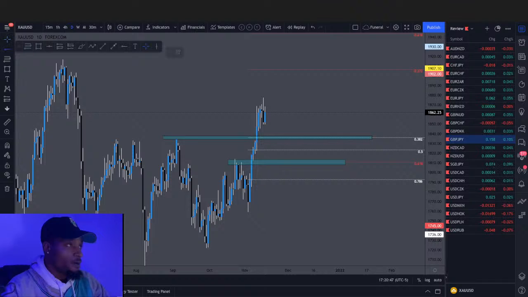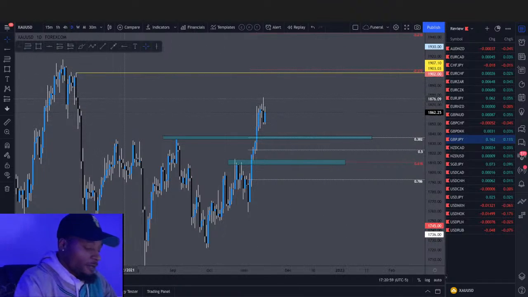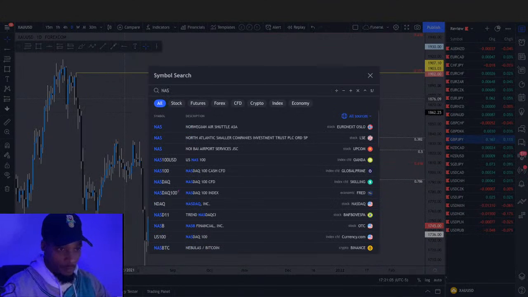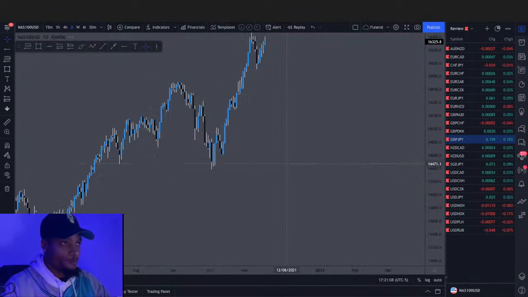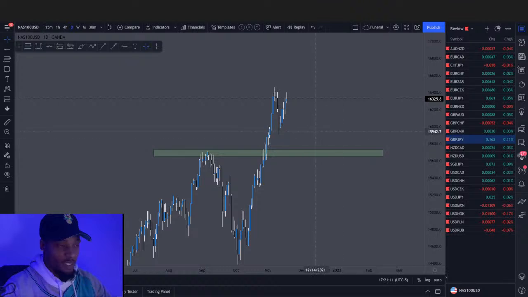These are probably more than likely this one to come and retest these levels. And then if we go on, that's 100, isn't that the other one? See, that's the crazy thing.